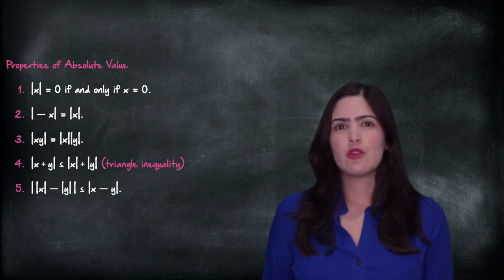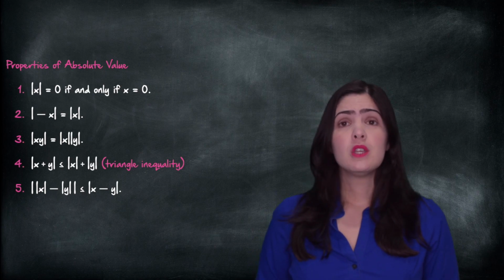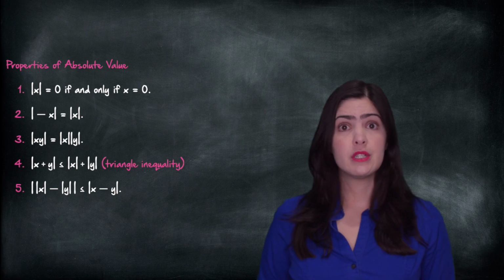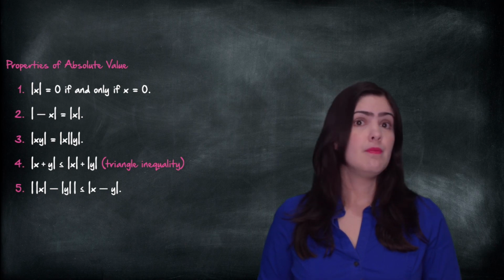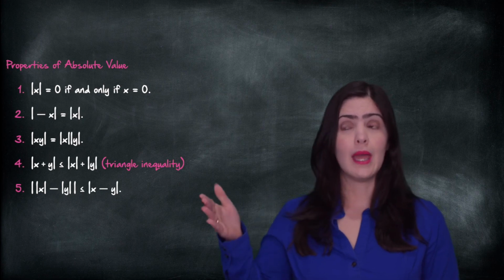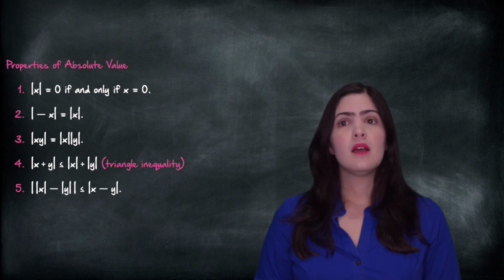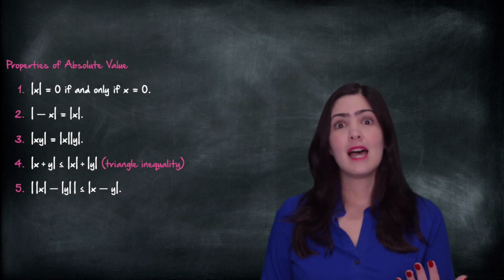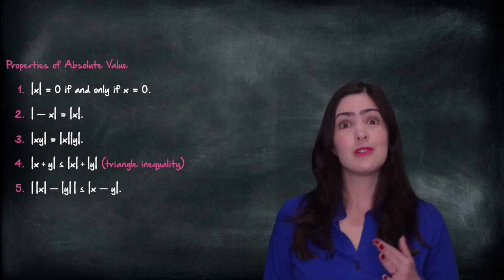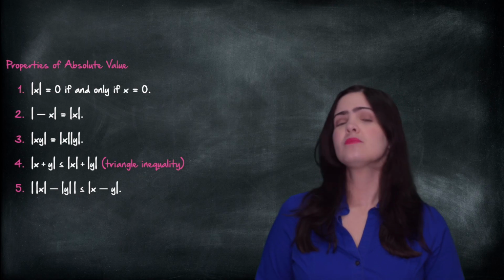Remember, the absolute value geometrically tells us the distance from 0. So if x is positive, for example, the absolute value of x is the distance from 0 to x when we go to the right. But then negative x has the same distance from 0, it's just going to the left, and that's why the absolute values are the same.